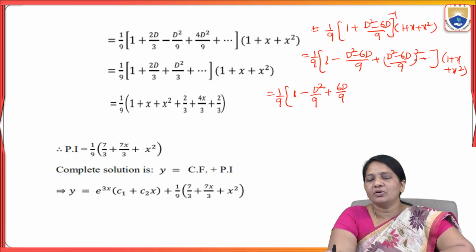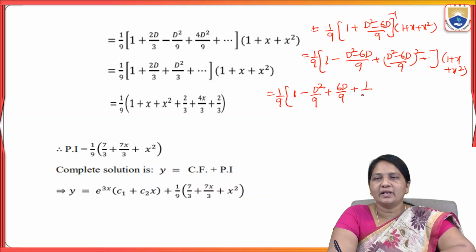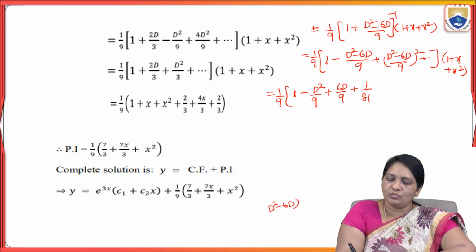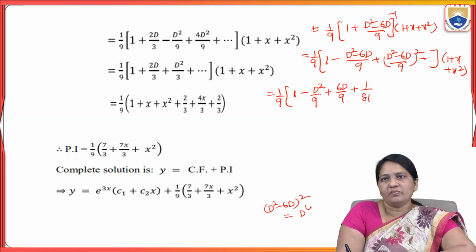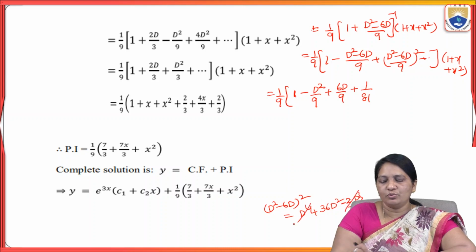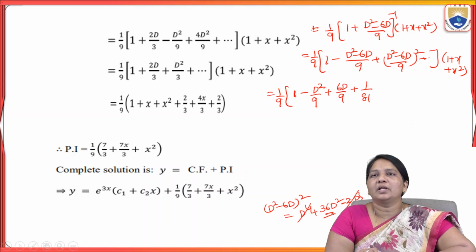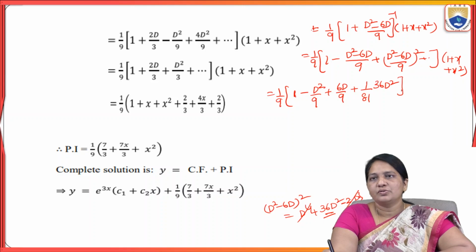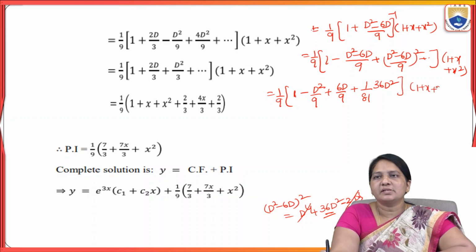And the remaining we are going to get here is D square minus 6D whole square, with 1 by 9 into 9, that is 81. If you have D square minus 6D whole square, so a square is D power 4, plus 36D square, minus 2ab, that means D cube we are getting. We need no D cube and D power 4, only the 36D square, into 1 plus x square.